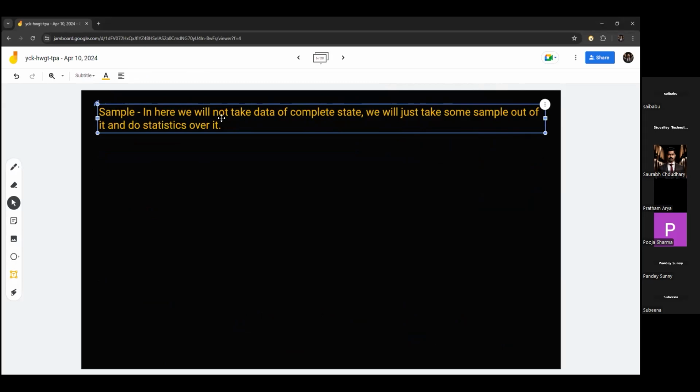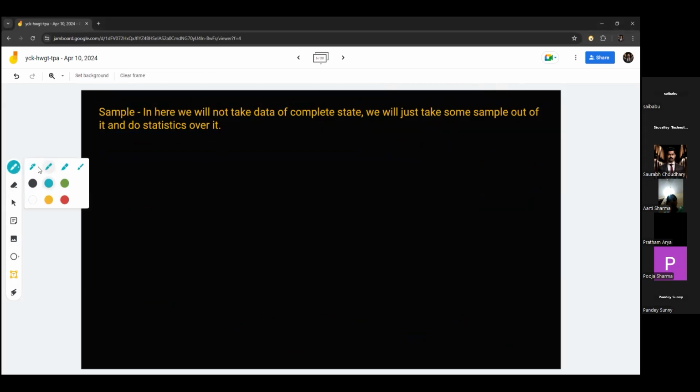Here, we will not take data of the complete set. We will just take some sample out of it and do statistics over it. As I already told you, population means taking the data of the complete set, the complete world. K is equal to N by n.